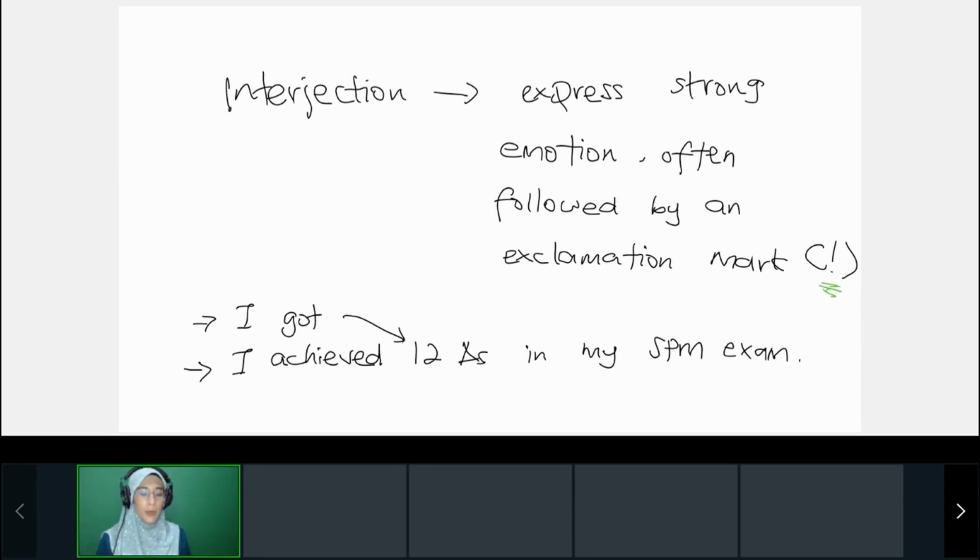And you want to show a bit of excitement in this particular sentence, right? So you can use the word "yay." Yay, I achieved 12 A's in my SPM. Or maybe you can use "Yahoo." You can also use "Bravo."